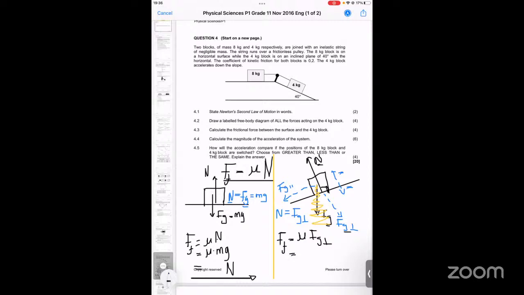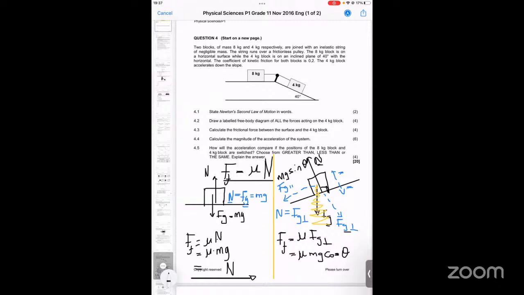So that means we will have mu times mg cos of the angle. If it's perpendicular, then it is cos of an angle. The one for mg parallel is mg sine of an angle.